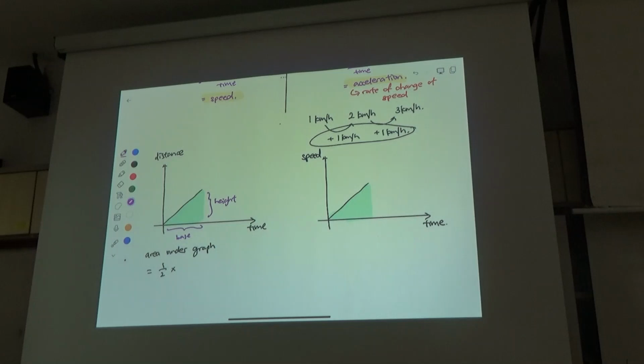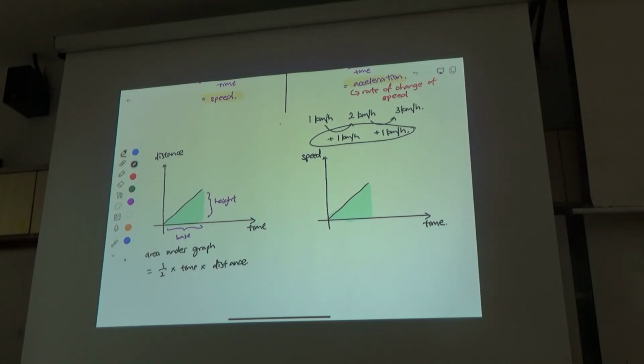And the base is actually your time value, my bad. And then your height is actually your distance value.